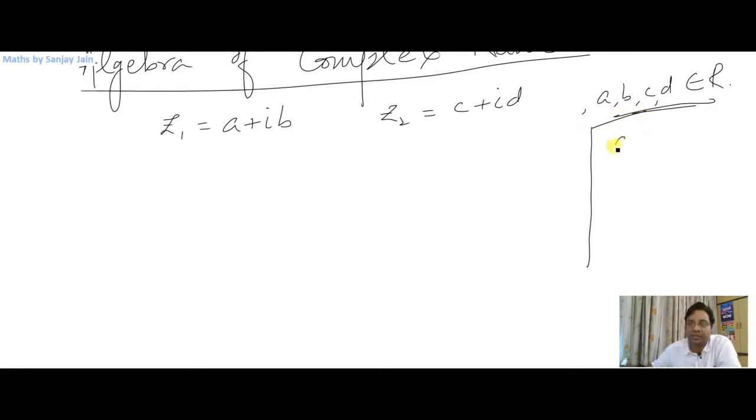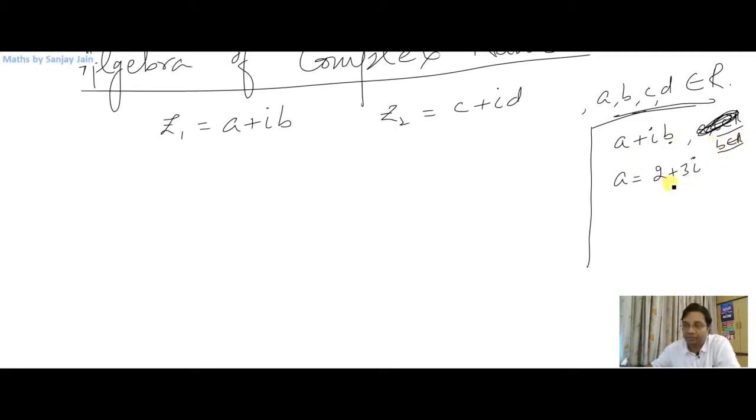For example, if I say a + iota b and ask you which part is the real part, you cannot say anything until and unless you know that a, b belong to real numbers. Why? Because a may be, let us say, 2 + 3 iota. A itself may be a complex number, and let us say b is a real number.